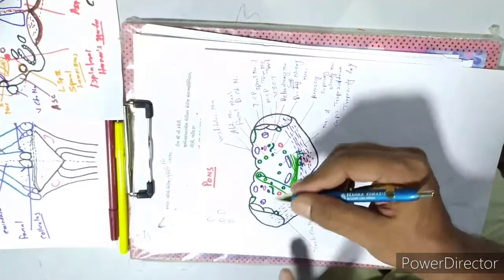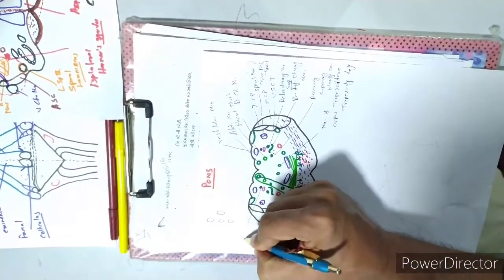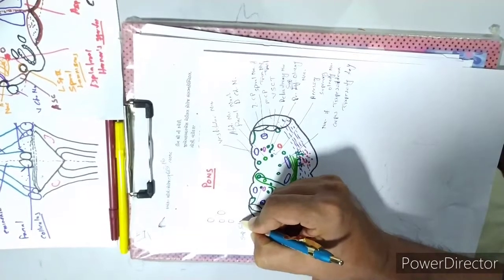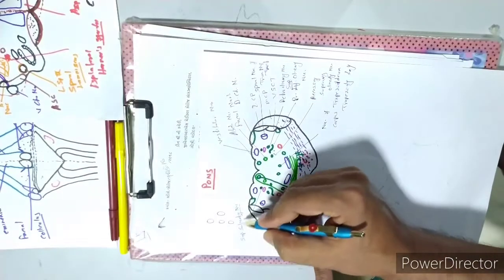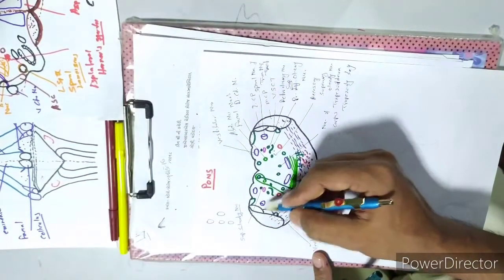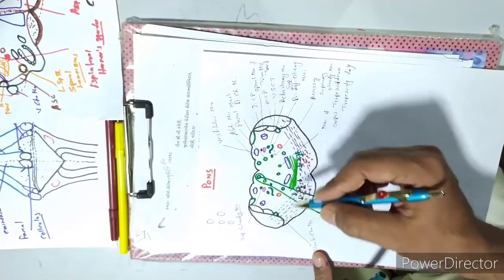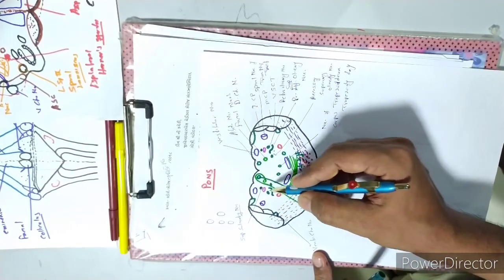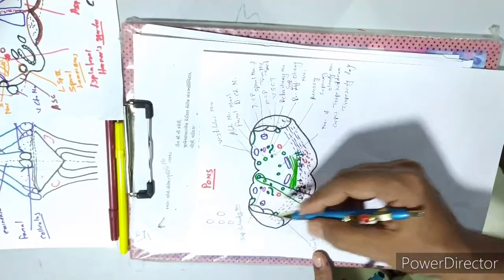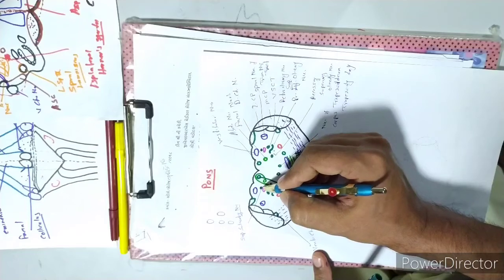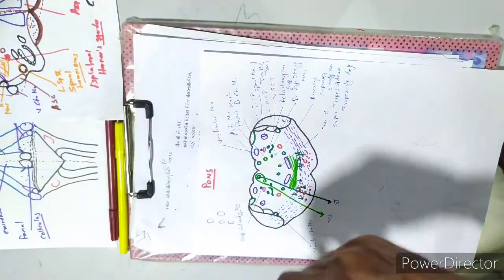The superior salivatory nucleus gives rise to fibers which pass through the facial nerve and supply the secretomotor fibers to the submandibular gland, sublingual gland, the palatine glands and the lacrimal gland. That is the superior salivatory nucleus.